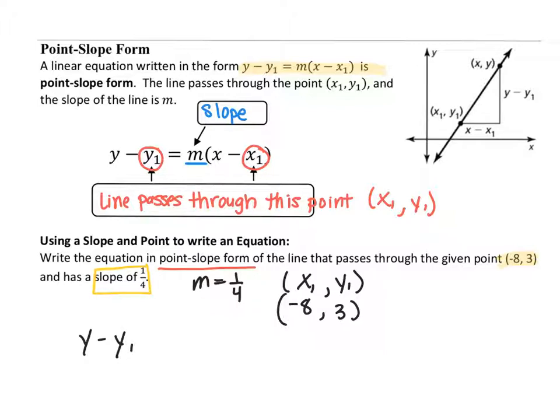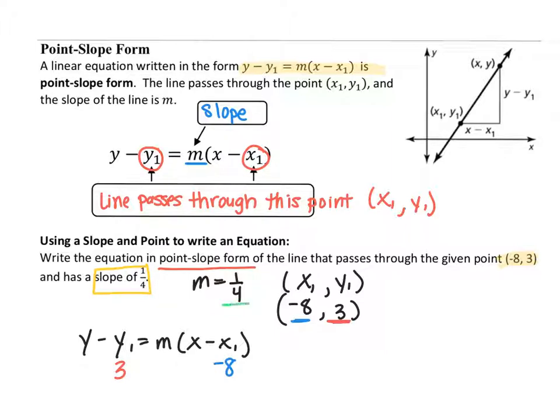So y minus y1 is equal to m times x minus x1. Okay? So we're going to take this 3, that's my y1. So the 3 is going to go here. The x1 is negative 8, so the negative 8 will go here.